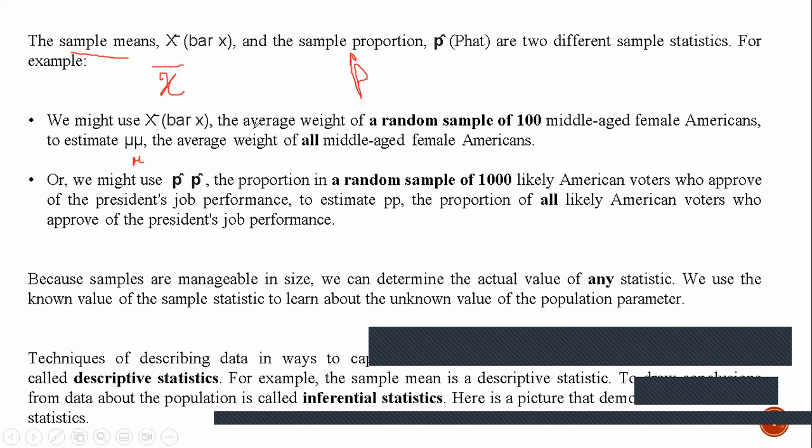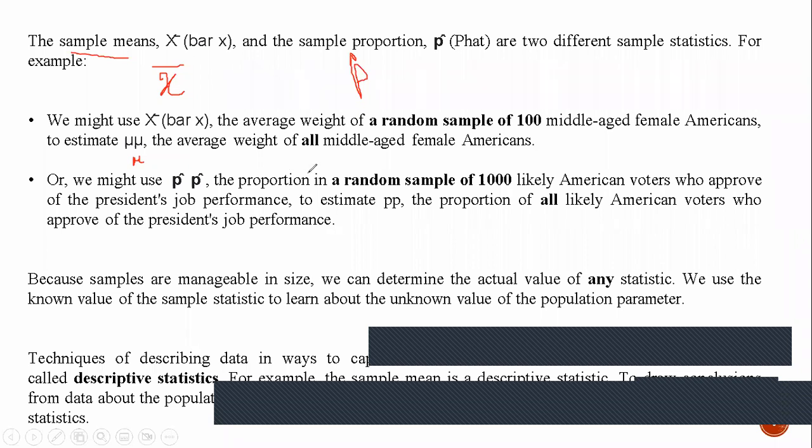This is an example for the sample mean. And then for the sample proportion, we might use P hat. The proportion in a random sample, you might not know about these random samples and everything.